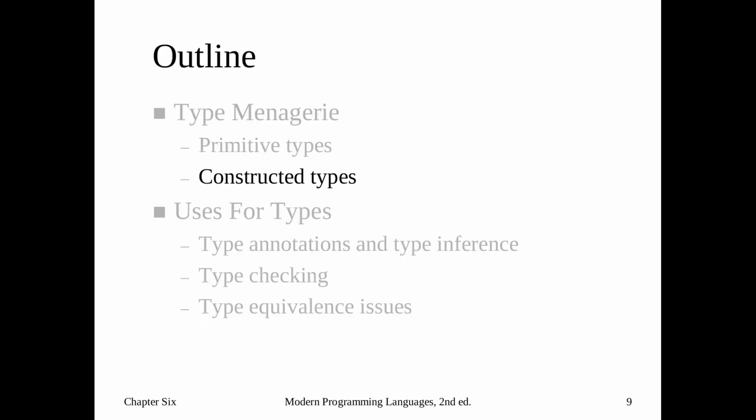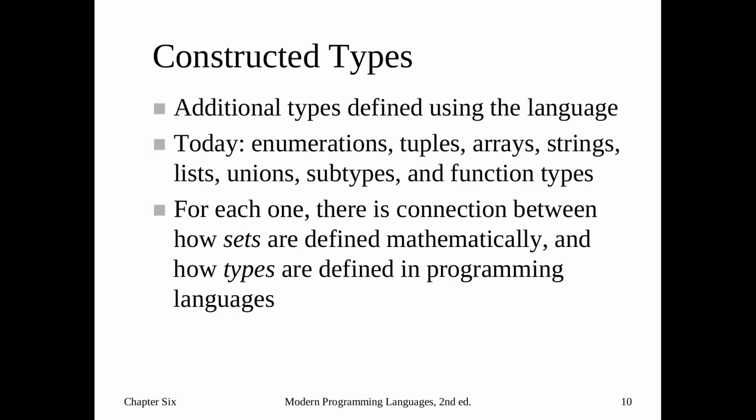This brings us to constructed types. Constructed types are essentially any additional type we can define using the language itself. These can be ones that are provided to you as part of the base library. For example, Java has a very large library.